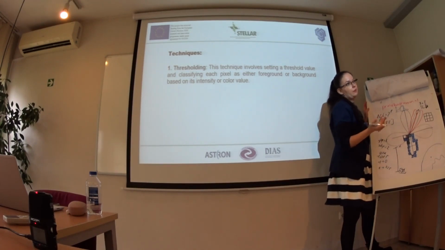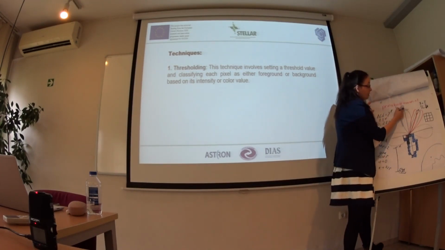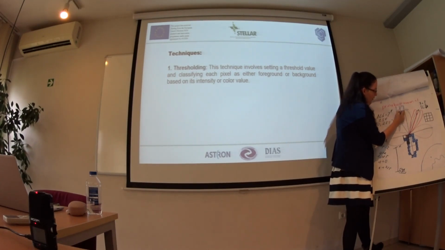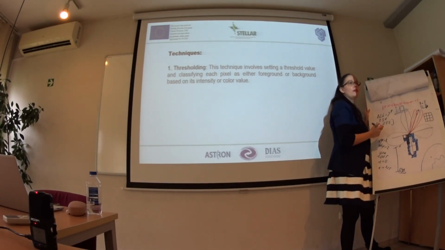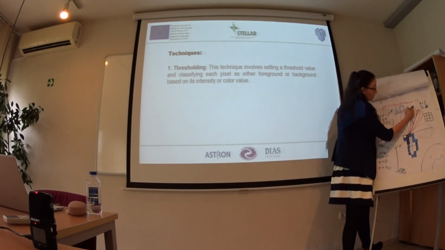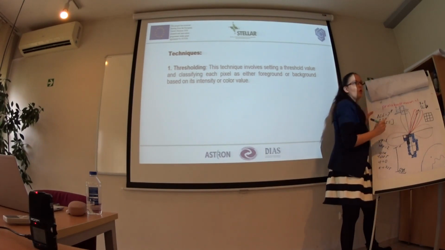That will be perfect. So if we set that all the values from here to here will be the background. All the picture, that is the intensity, and this is the value. Imagine from here to here is your real object.